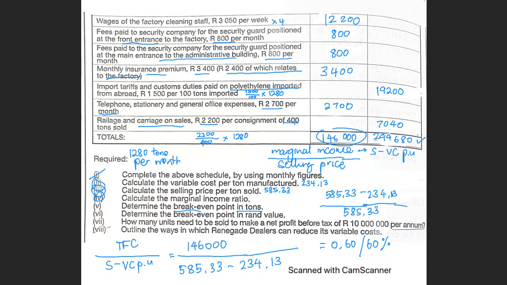It will impact the selling price because you use the variable cost to calculate the selling price. Then you have your marginal income that would be incorrect because you have the variable cost included there. Your break even in sales would be incorrect. Literally everything will be incorrect, and it will be a domino effect where the first one wrong impacts every other question.